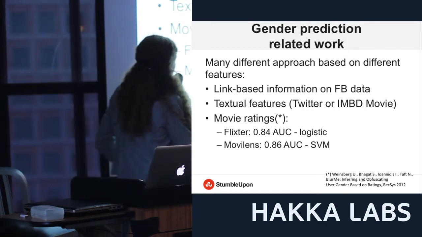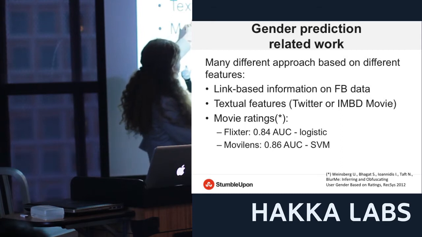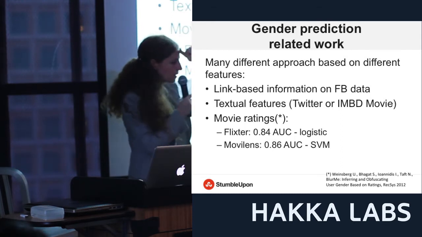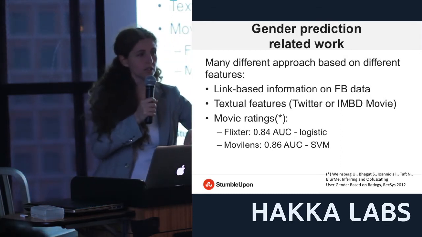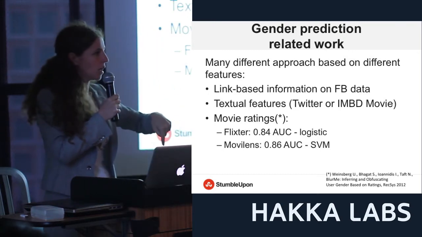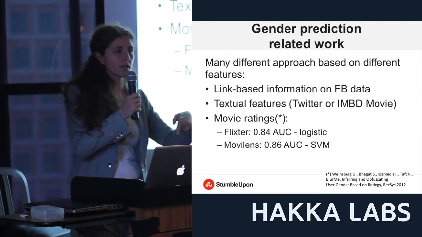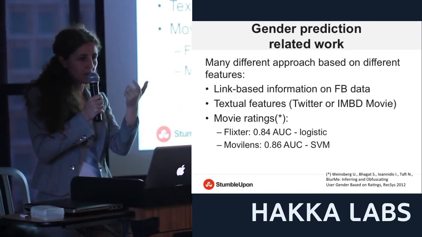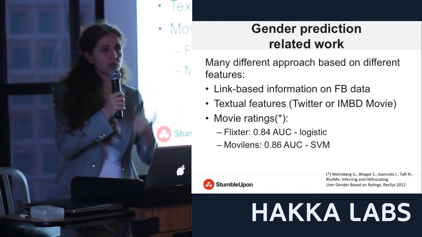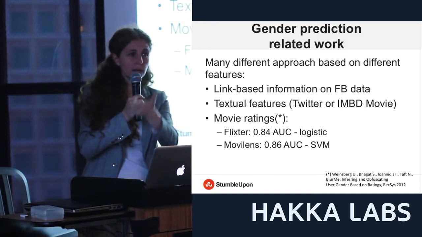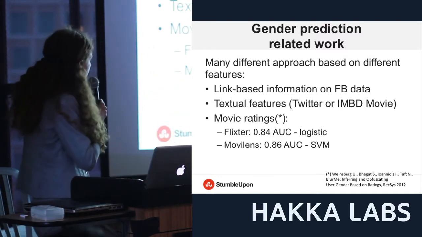Some work tries to infer gender from textual features. So if you write a tweet or a review for a movie, I can do some processing on the language that you are using, and I can tell if you are a man or a woman.